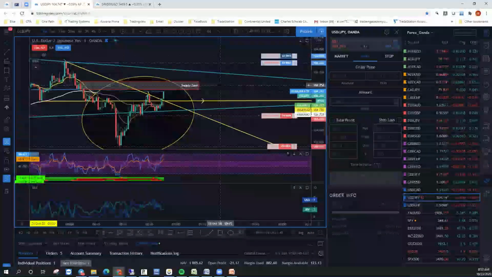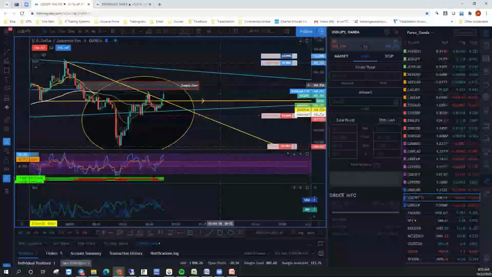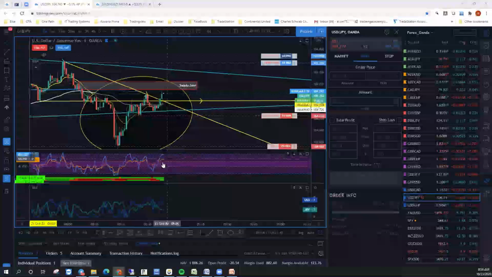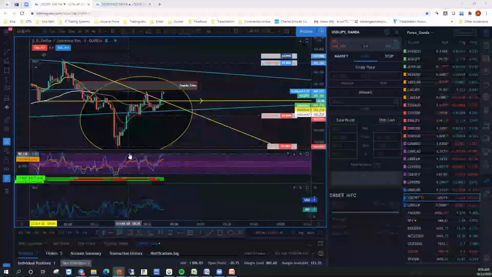And that's broken that, giving a big wick. Let's see what's going to happen now. And you want to see these come up and you'll see them hook. We have a higher high with a lower high.